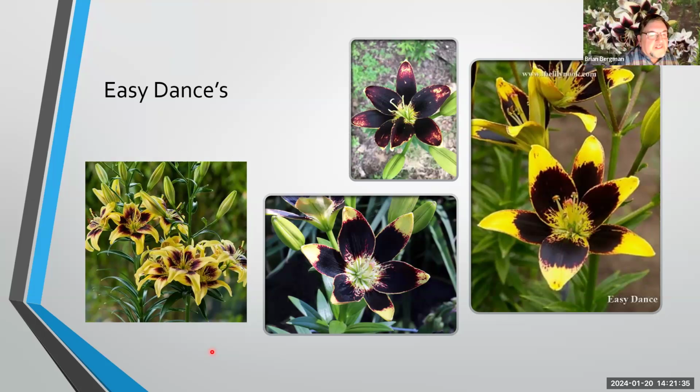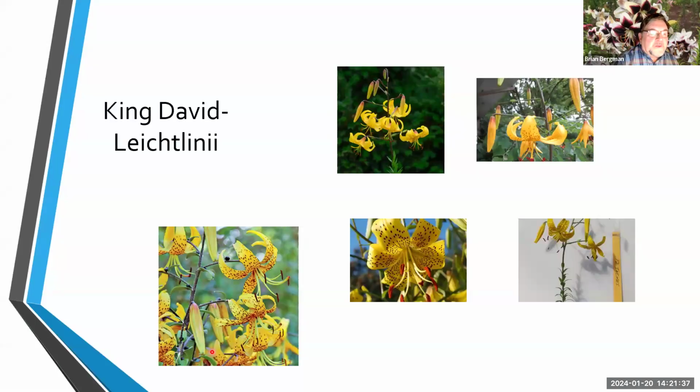Okay. Next slide. Okay, here we go. King David and Lectilinii. Would you like to go ahead, Judith? Well, I think that what is sold today as Leichtlinii does not look like what I know as Leichtlinii. It doesn't have the same inflorescence.